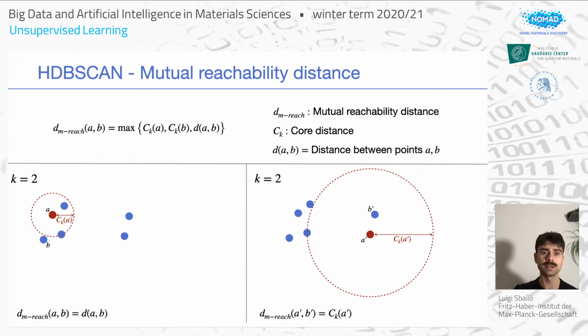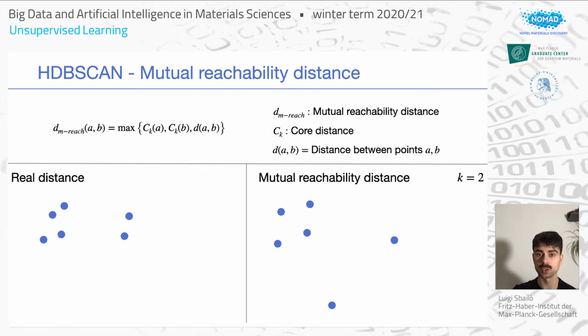So now I can show you a guess of how the mutual reachability distance would look for the example that we have on the left. And this is what would happen. The cluster to the left would almost remain unchanged, so its distances wouldn't change much, while the two other particles to the right would get very far apart because of this mutual reachability distance with k equals 2.